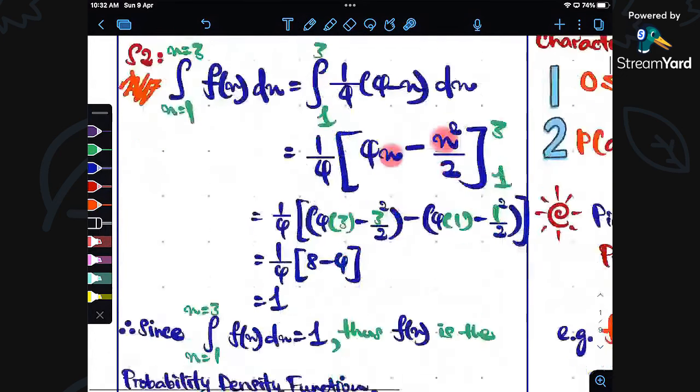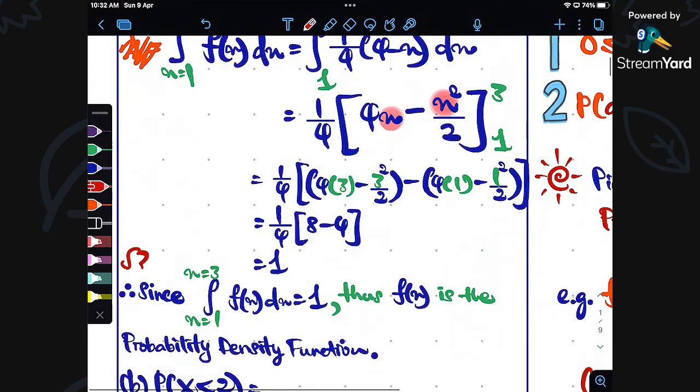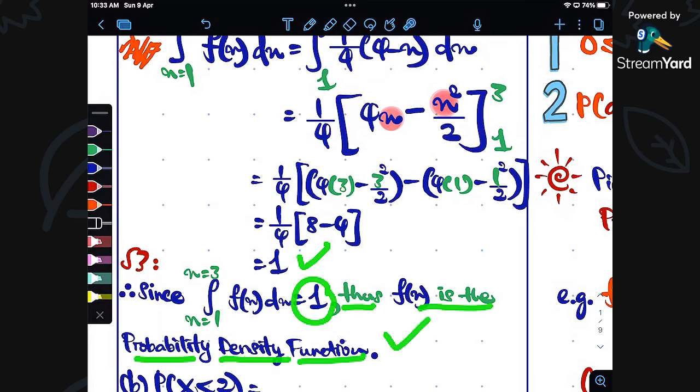As a conclusion, final step, step 3. Since the integration of the function dx, with respect to x, from the limit 1 until 3 is equals to 1, okay? The total probability is equals to 1. Since we have proven it, it is equals to 1, therefore, fx is the probability density function.